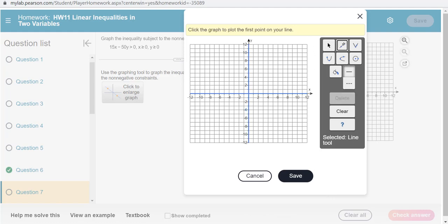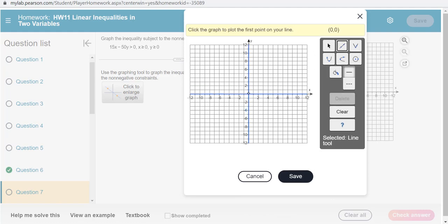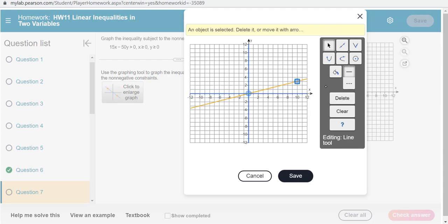So I'm going to grab my line through 0, 0, and 10, 3. Now I want to make that a dashed line because it's just greater than, not greater than or equal to. And if I pick a test point, let's say 10, 0.